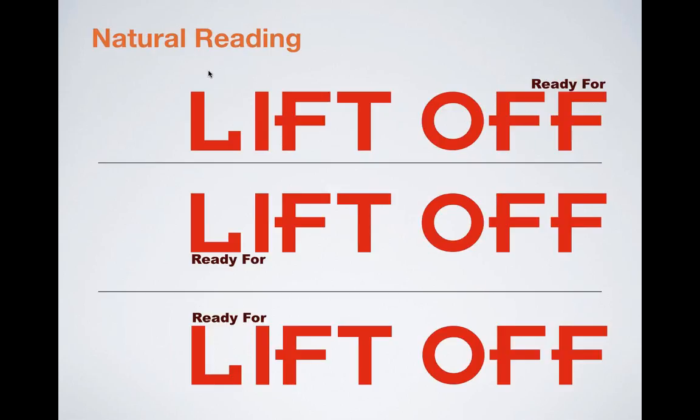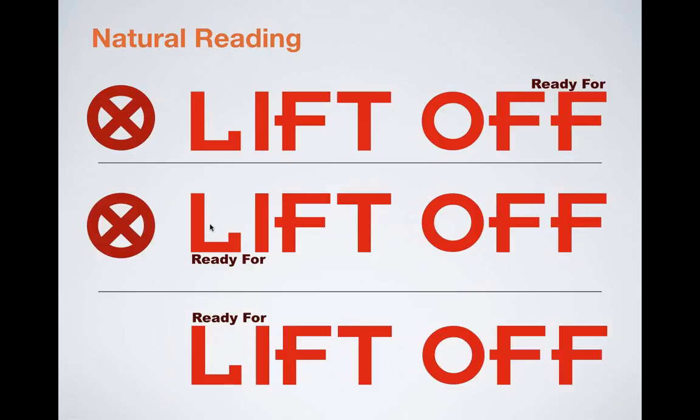These are some examples that actually work with that same idea. If this had in mind that this would be sort of a magazine title or a title of a document of some kind that reads "Ready for Liftoff," with this first one being not the optimal choice, because the "ready for" is right justified, so it breaks that natural rule of reading from left to right.